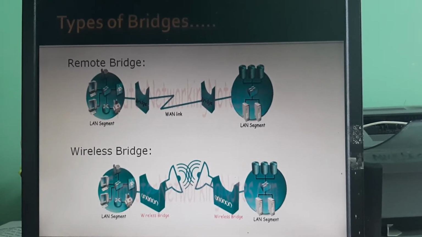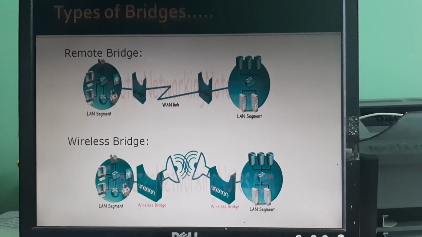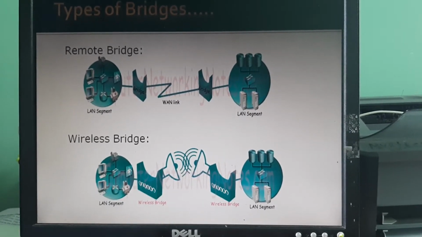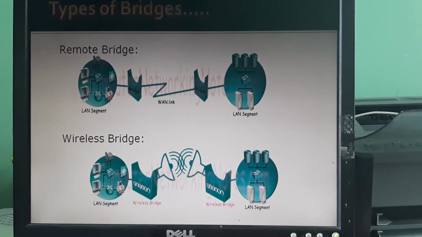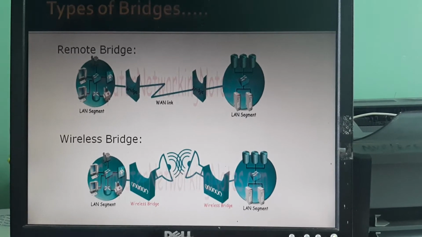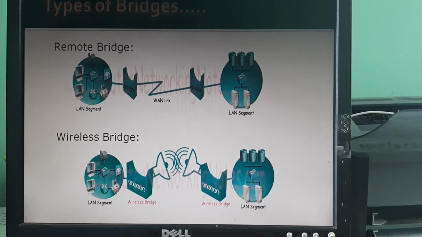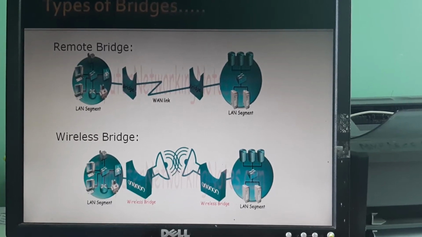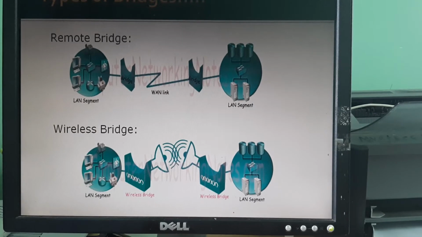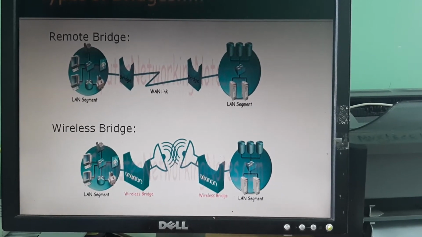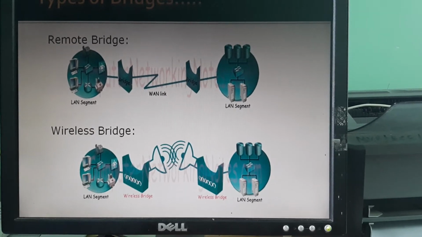Now coming to the third one, the wireless bridge. See the difference between the remote bridge and wireless bridge. In both the figures, you can identify 2 LAN segments connected and 2 bridge devices. But the only difference is, in the remote bridge, it uses a WAN link, whereas in the wireless bridge, as its name suggests, it uses 2 wireless bridges.